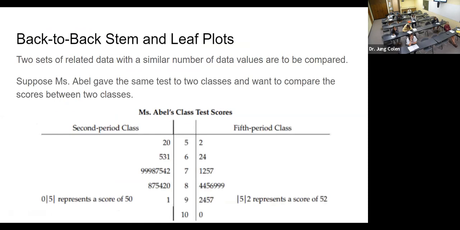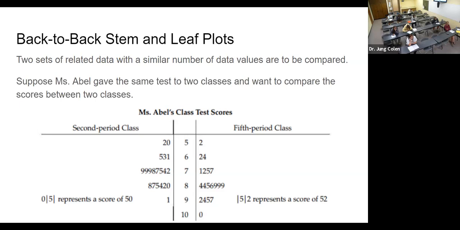Now we can have two stem-and-leaf displays together in one plot. We call that a back-to-back stem-and-leaf. When we are comparing two similar scores or two similar situations, I think it is really nice to have a back-to-back stem-and-leaf.